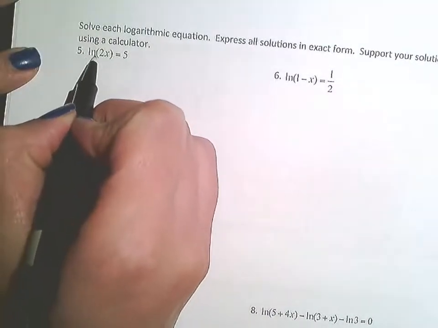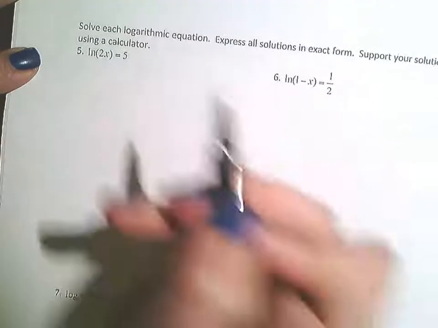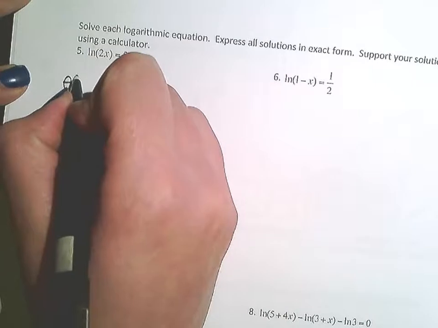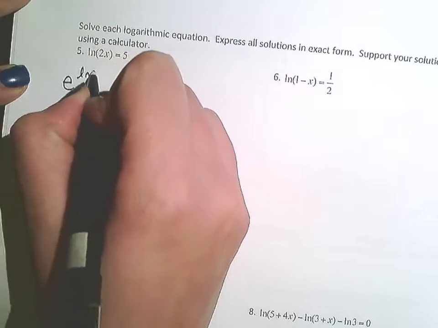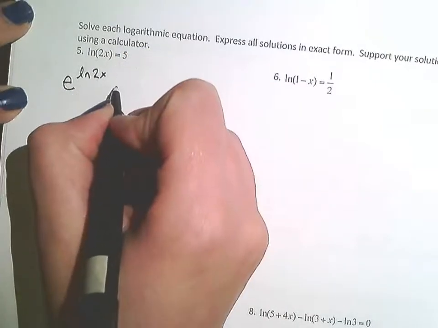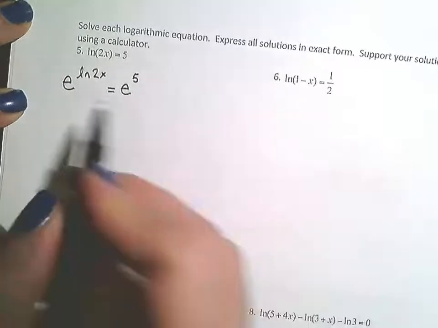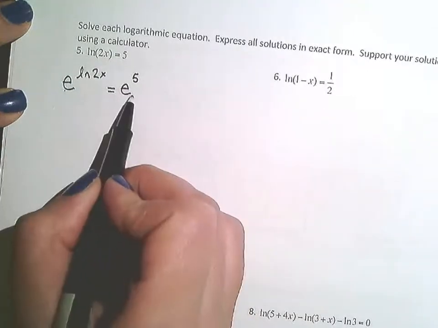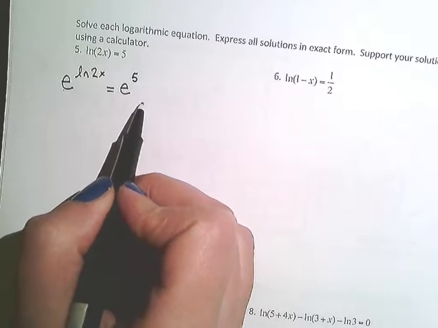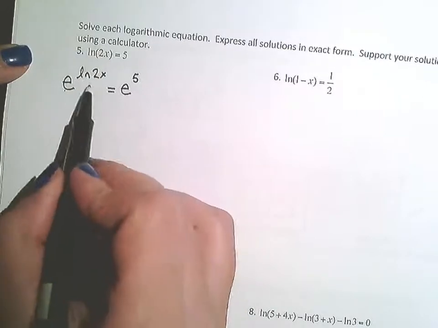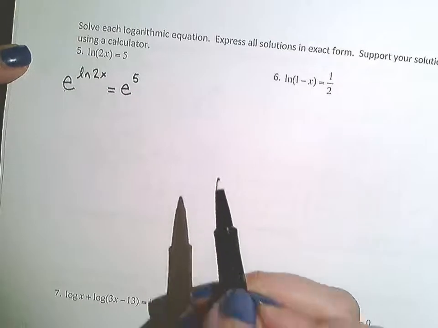So natural log, what is the base of natural log? It's e. So I'm literally going to do e raised to ln of 2x, and e raised to 5. Because I'm doing this to both sides, I'm not changing the problem.